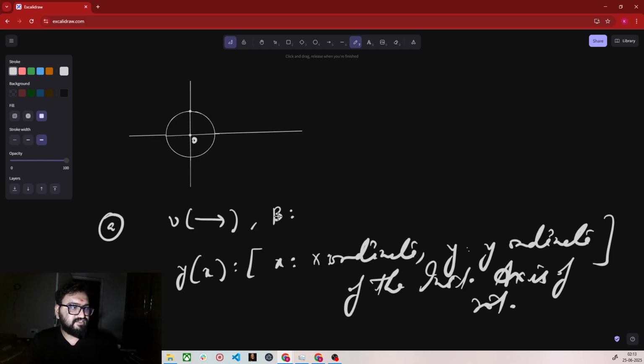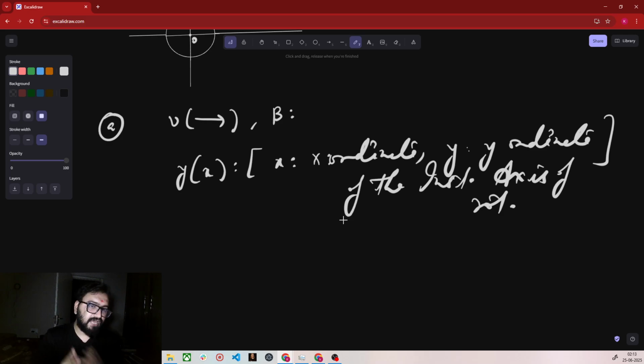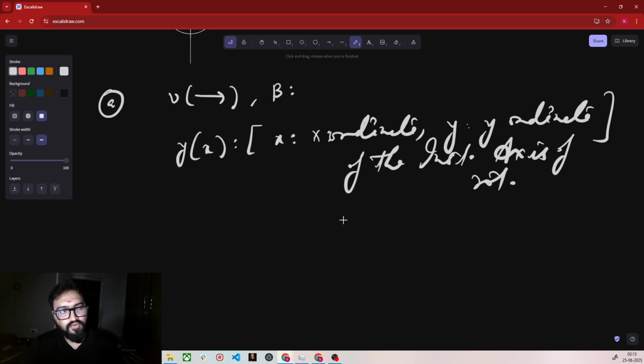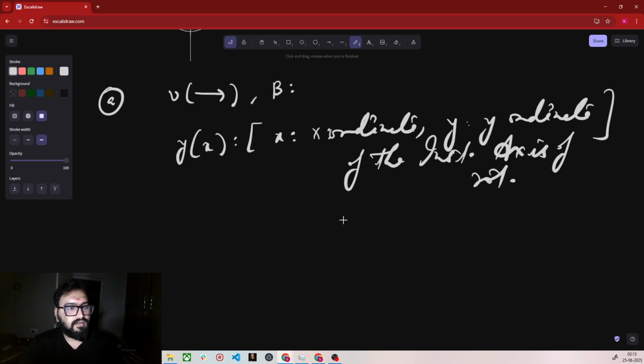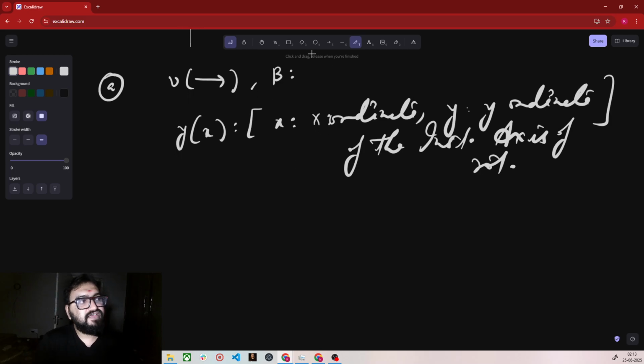Now since this term, axis of rotation, is coming up, I will try and explain some concepts related to rolling. Let's say there is a rolling body.